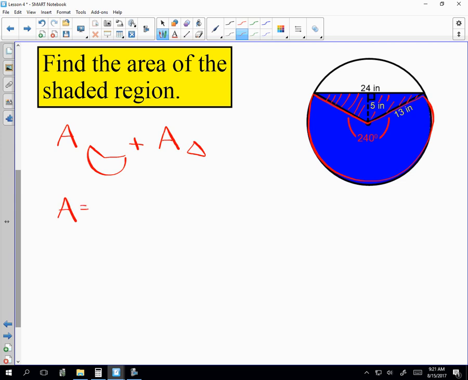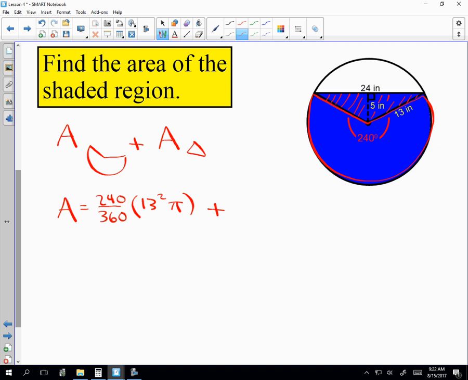So for the area formula for the sector, we have 240 over 360, or 2/3 of the area of the circle, 13 squared pi, plus the area of our triangle.